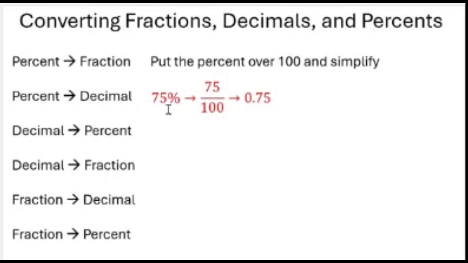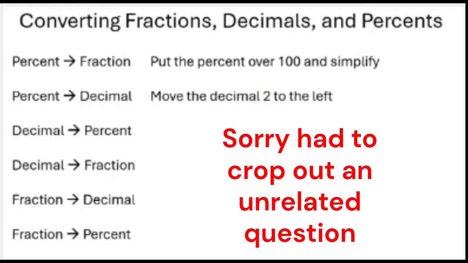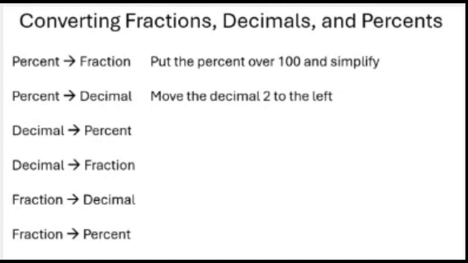All that's happening is this decimal place went over 2, right? So 75, if we don't write the decimal, we know that it's right there at the end. So 75 dot is how you could think of 75. So you take the decimal over 2 to the left, and it becomes 0.75. So the decimal goes 2 to the left is how we get from a percent to a decimal.